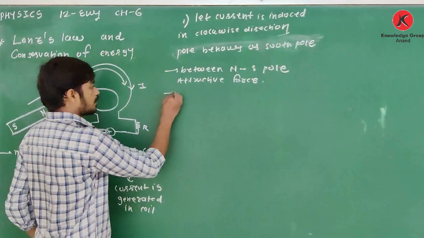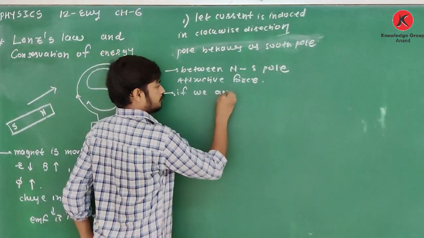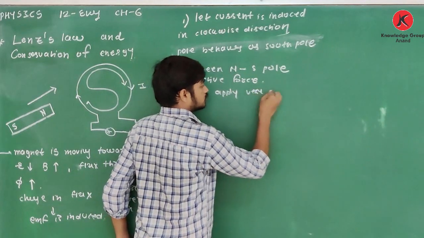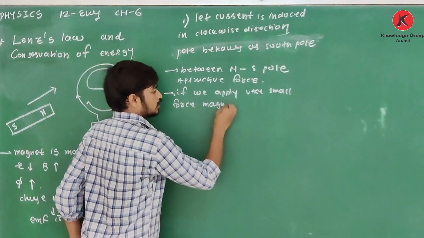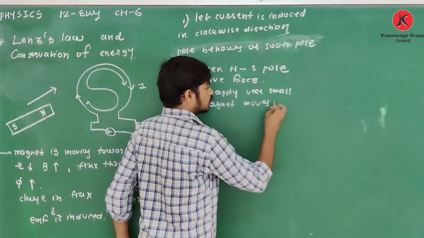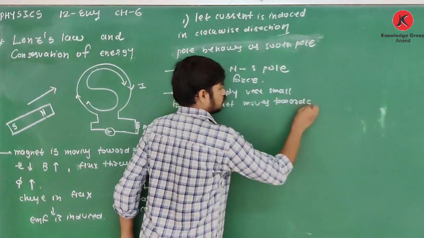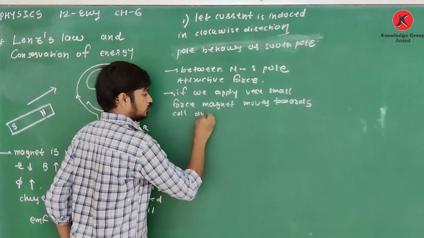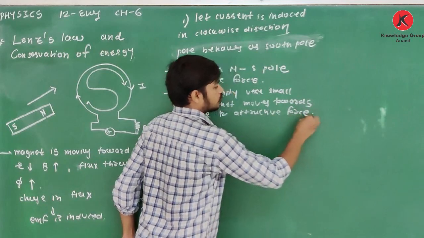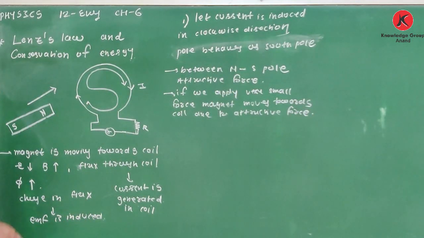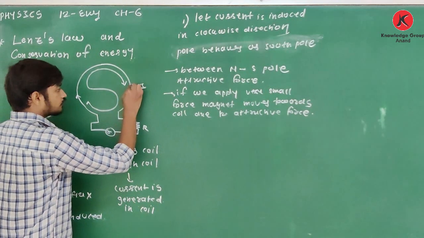The magnet moves towards the coil due to attractive force, and as it moves, distance decreases, magnetic field increases, flux through the coil increases, flux changes, EMF is induced, current is induced. And current is flowing in this coil.